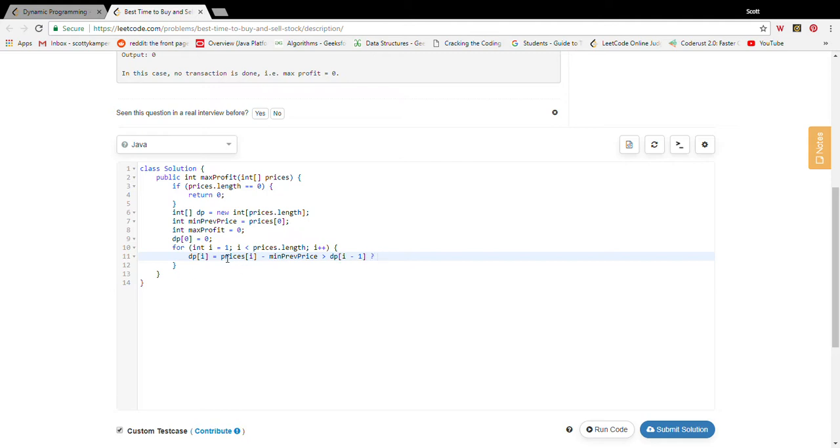This is saying the price at the current day minus the minimum previous price we've seen up through this day is greater than the max profit of the previous day. If that's the case, then our new value will be prices of i minus the min previous price, because that's basically our new maximum value that we can earn, our max profit. If it's not, then it just becomes the maximum profit from the previous day.